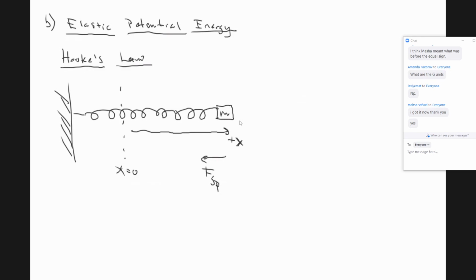Your spring force is going to be acting in the opposite direction. The spring force on a spring is equal to negative the spring constant k times x. K is what we call a spring constant. It is a constant that will be given to you. It's based on the properties of the spring: the type of metal, the number of loops, and the density of that spring.